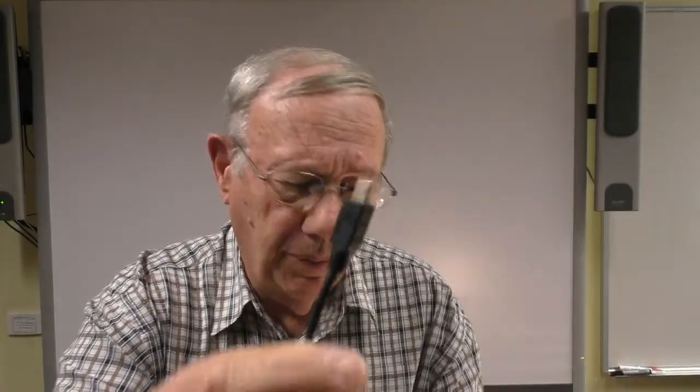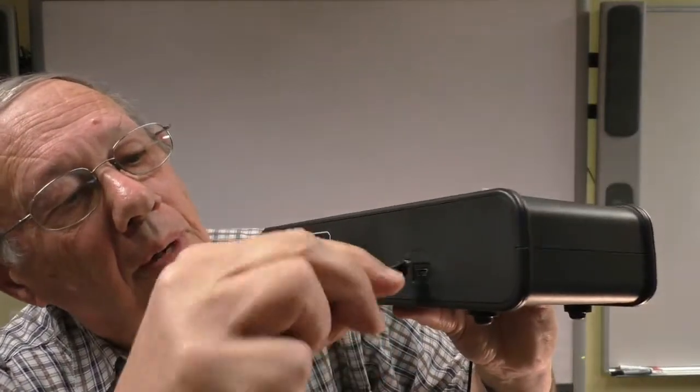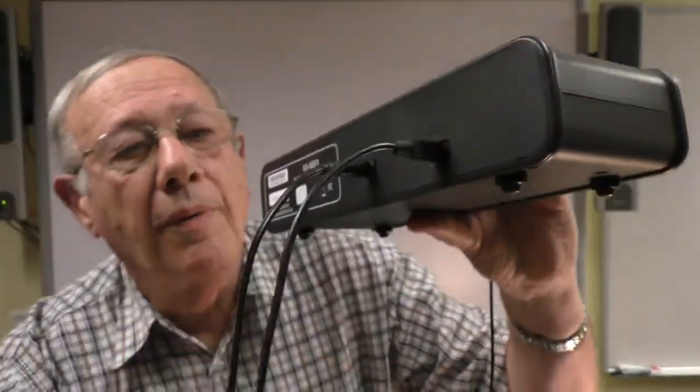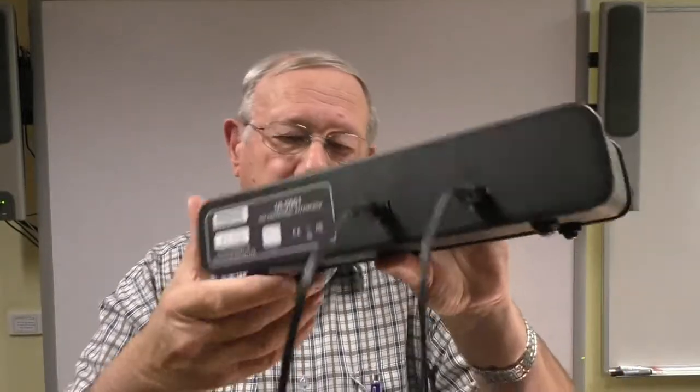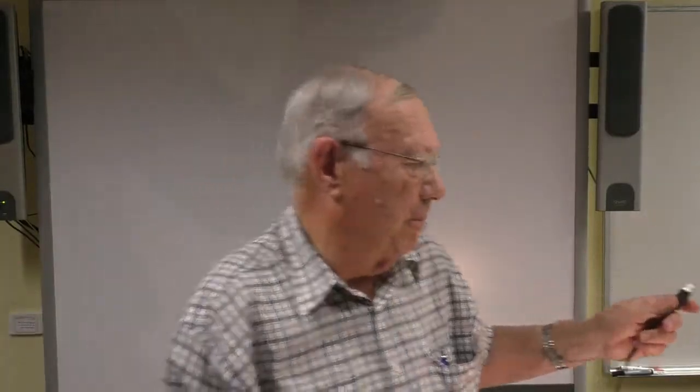And you can see the USB connection there. So that goes in the back here and upside down there. So there it is there. Now the other end of this, the USB, goes into the computer. So I'm going to put that into the computer.